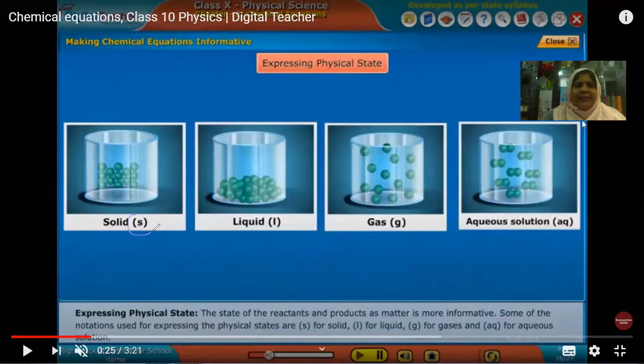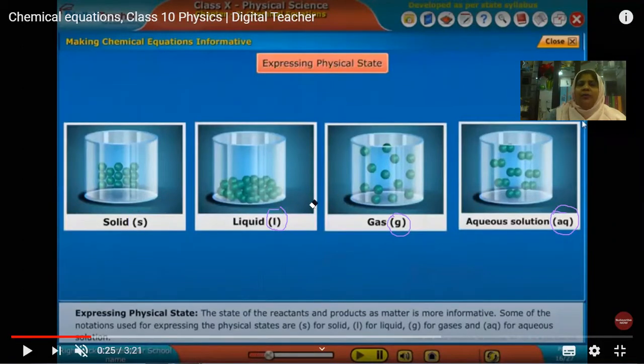As you see, S is written, and L, G, and AQ. So when this is written, it means it's in a solid state, liquid state, gaseous state, and aqueous. Aqueous, as I told you, is a solution in water.